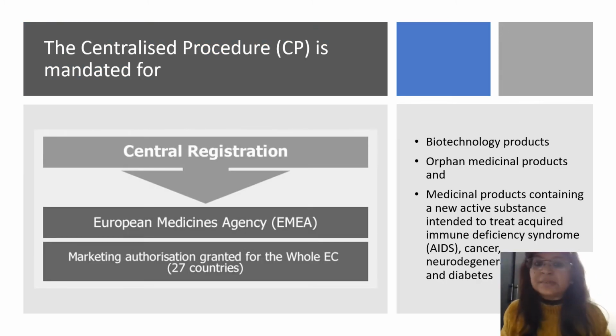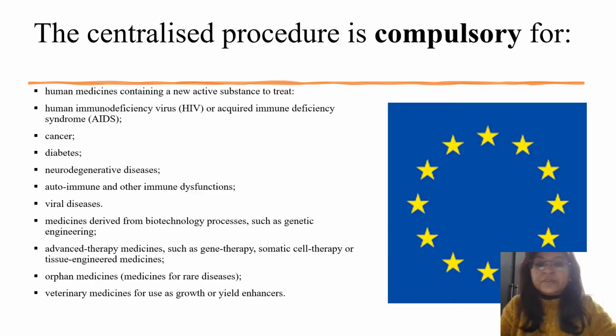Talking about the centralized procedure, there are certain categories of pharmaceutical products which are mandatory to go through the centralized procedure only. For example, your biotechnology products, orphan medicinal products containing new active substances or a specific drug component.